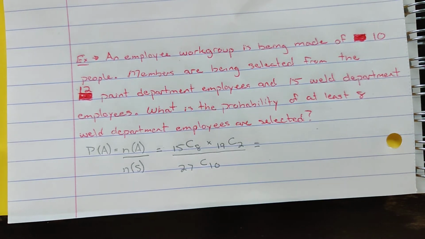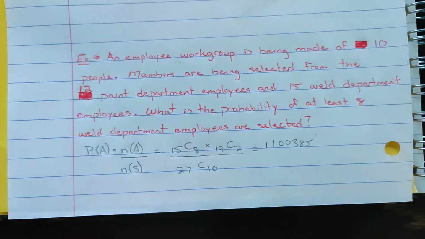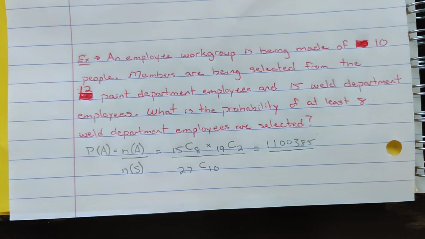So we get 15 choose 8 times 19 choose 2. And that's going to give us 1,100,385. So 1,100,385 divided by 27 choose 10, that is 8,436,285.